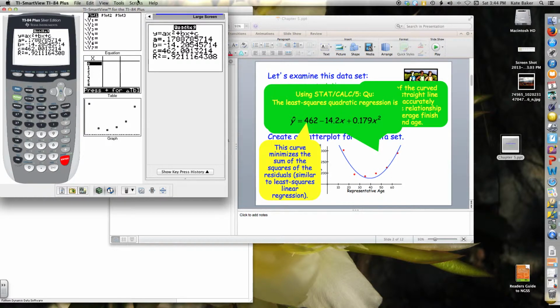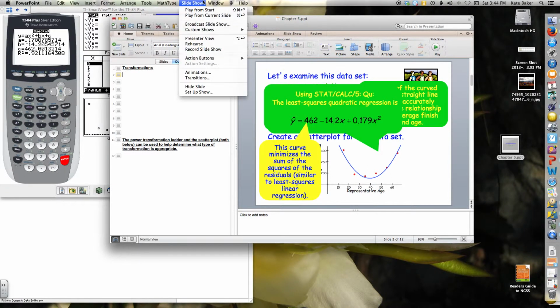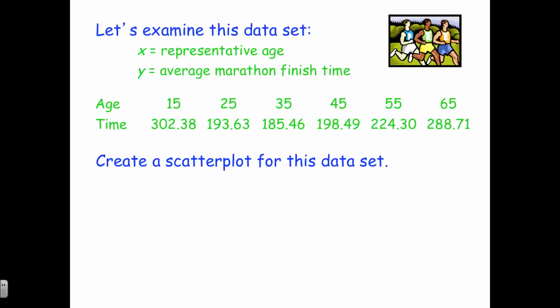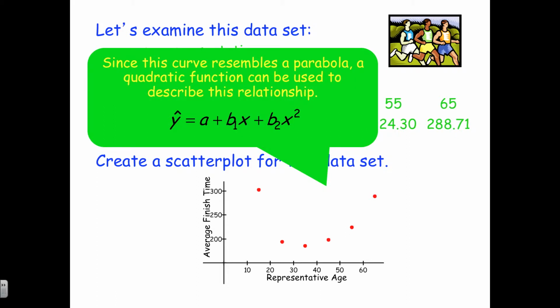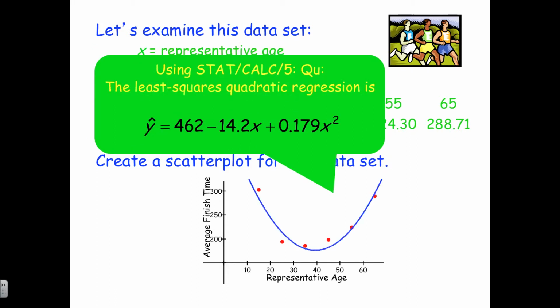When I do that, go back here, back to our slideshow. So I want it in the form a plus b1x plus b2x squared. It'll look like that, where my x would be age, and my y hat would be the average marathon finish time for that age.